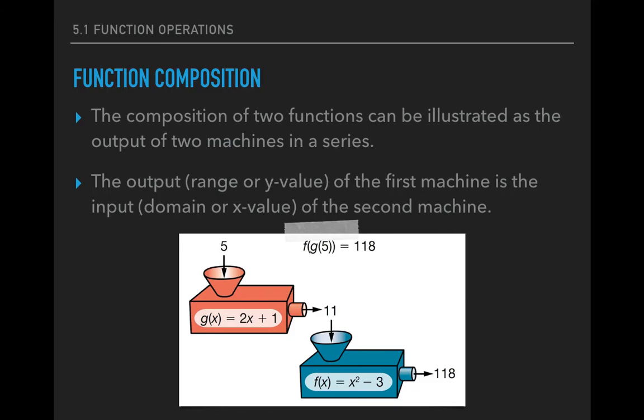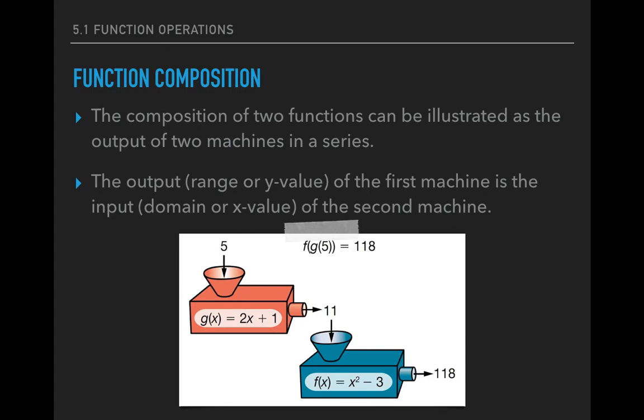That output becomes the input for that function on the outside, your second machine. And so you plug 11 in there, and that gives you your composition of your function. That actually tells you what f of g of x would be equal to.